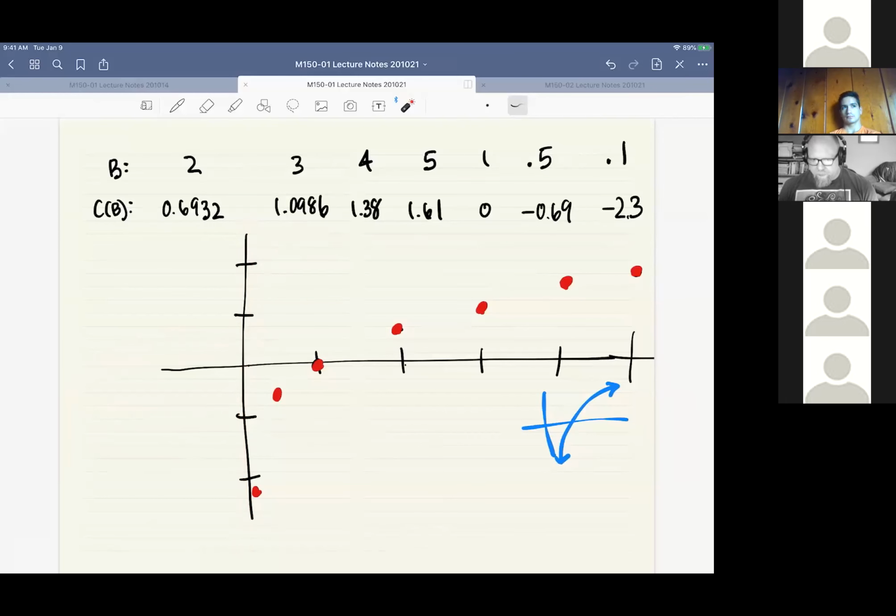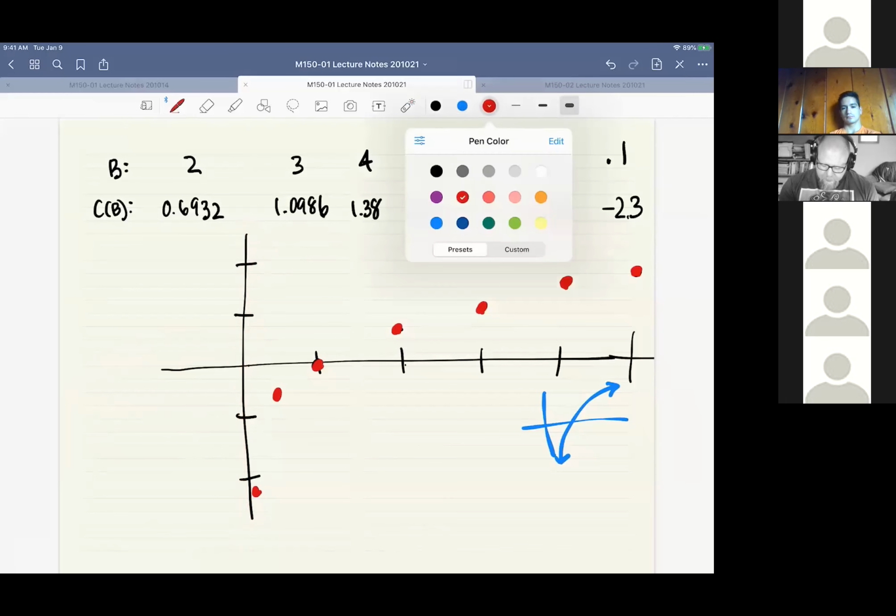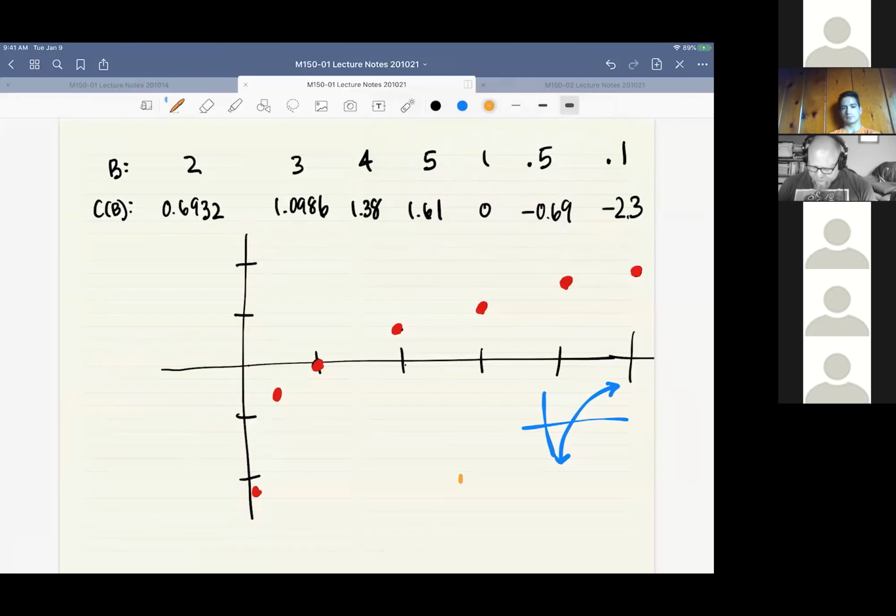But it can't be a polynomial, right? Because a polynomial always either goes to positive infinity on both sides, or on one side it goes to positive infinity and the other side it goes to negative infinity. This here doesn't look like it's going to infinity. It looks like it's leveling out. It looks like it's got a horizontal asymptote.